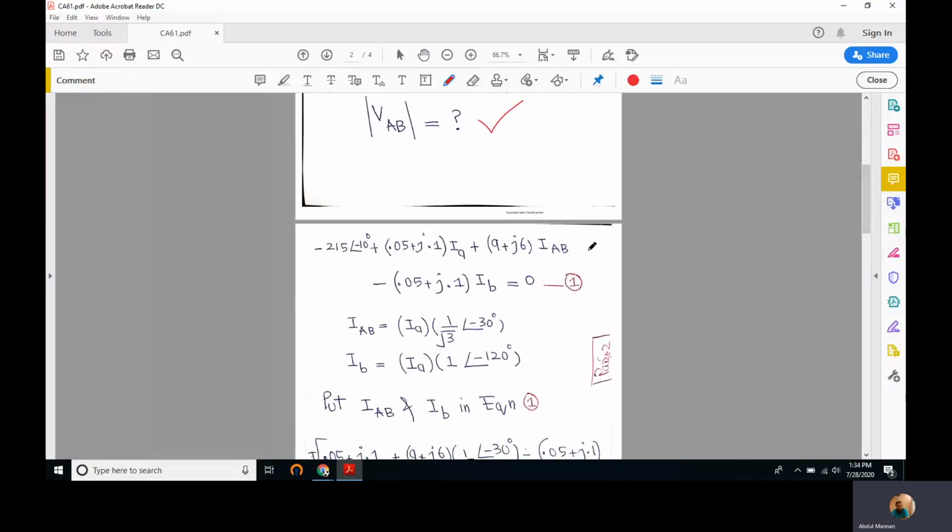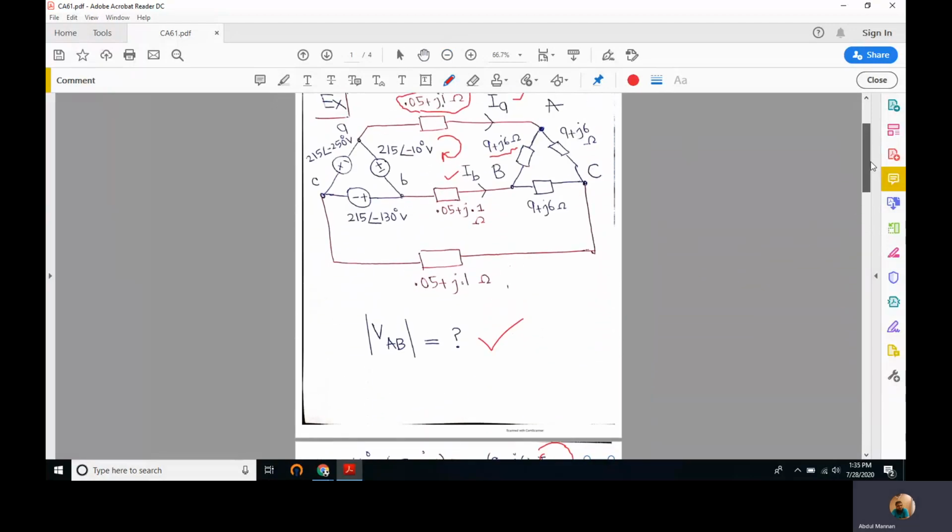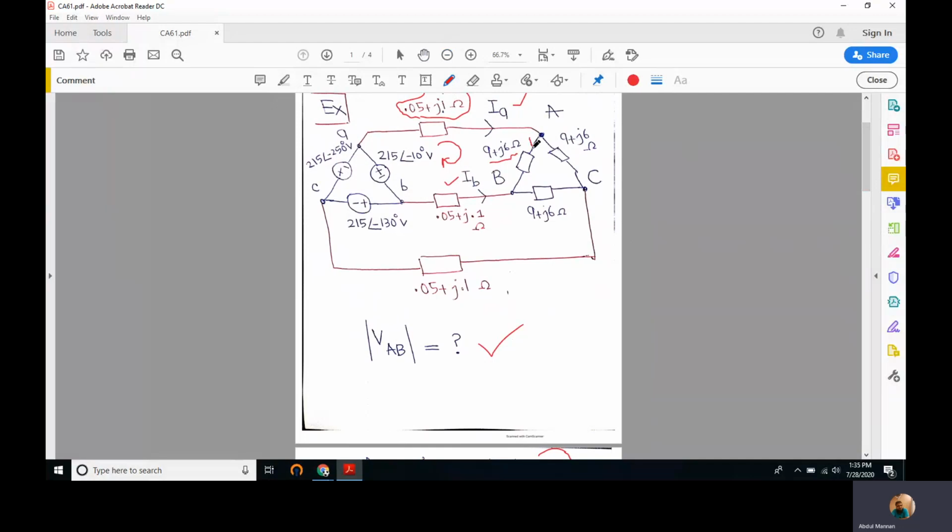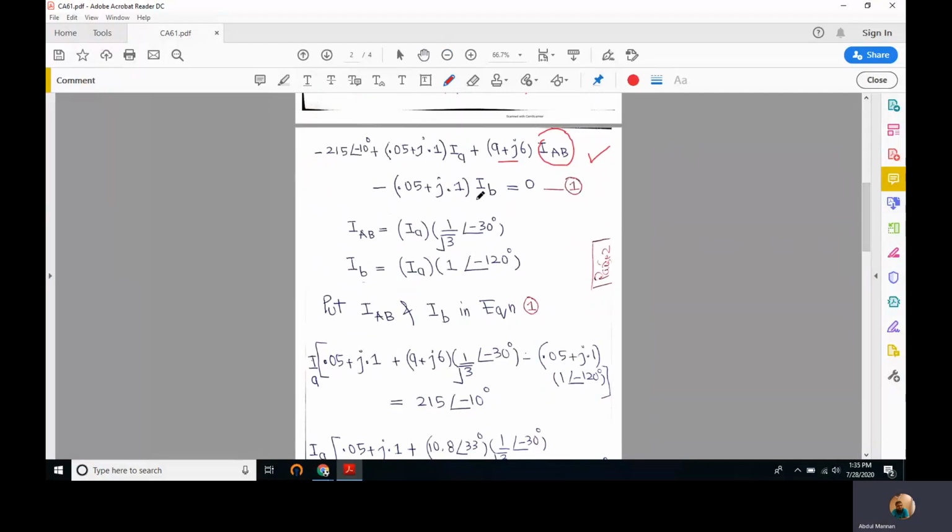And then we have written this KVL equation, where IAB is the current flowing through this 9 plus j6 ohm impedance. And IB is opposite to the direction of our desired current, therefore we'll put a negative sign here.